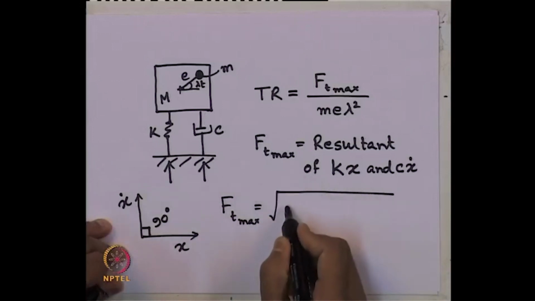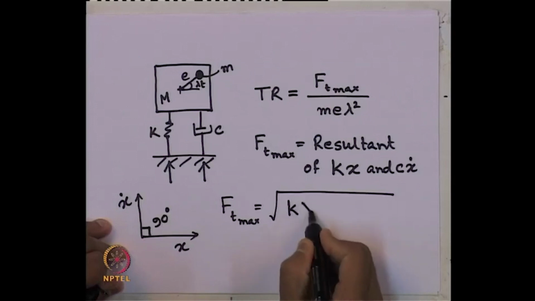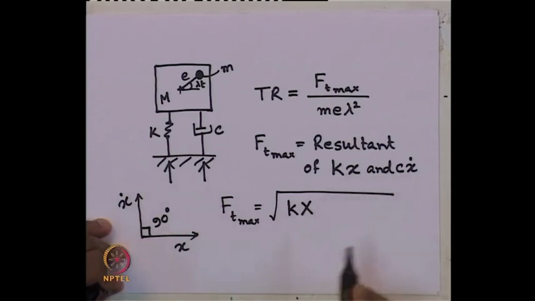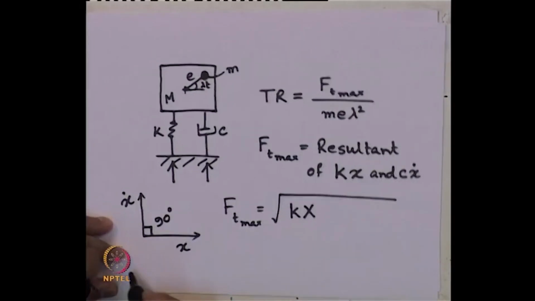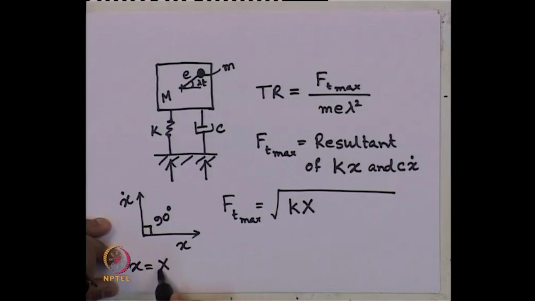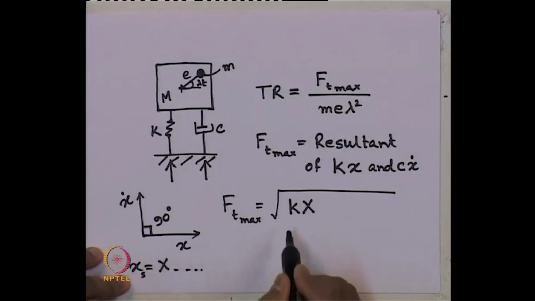So, k times capital X times some harmonic function. We are expressing x as amplitude times some function, whatever we obtained in the dynamic case. After solving, we got some steady state response x s t in terms of some amplitude times some harmonic function. Do you remember that? Okay. So, if it is that, then the maximum value will occur for only this amplitude component. So, that is what I am taking here.